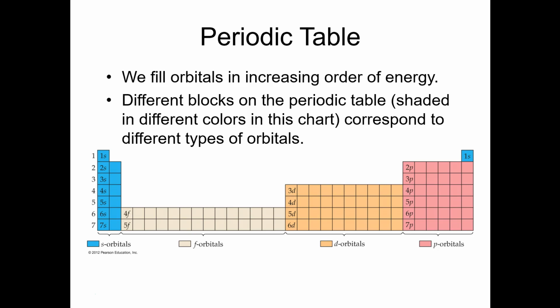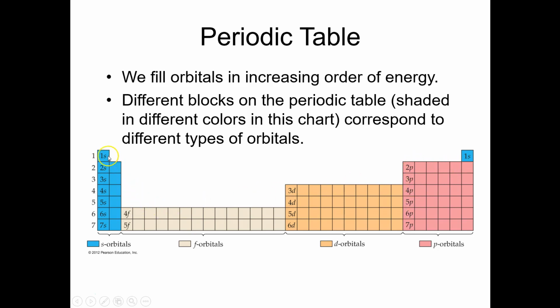But there's a simpler way, which is to look at the periodic table as being laid out like this. All the elements over here in groups 1 and 2, and that would include helium, are in the process of having their ns orbital filled. All the elements over here in groups 3 through 8 are in the process of having their np orbital filled.